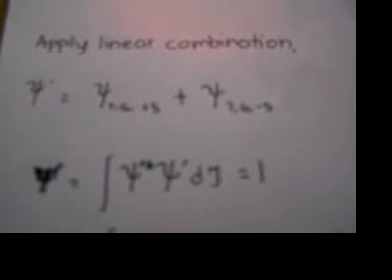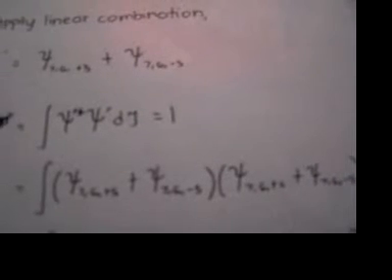Multiplying the complex conjugate of the linearly combined wave functions and the real wave function, it equals 1.